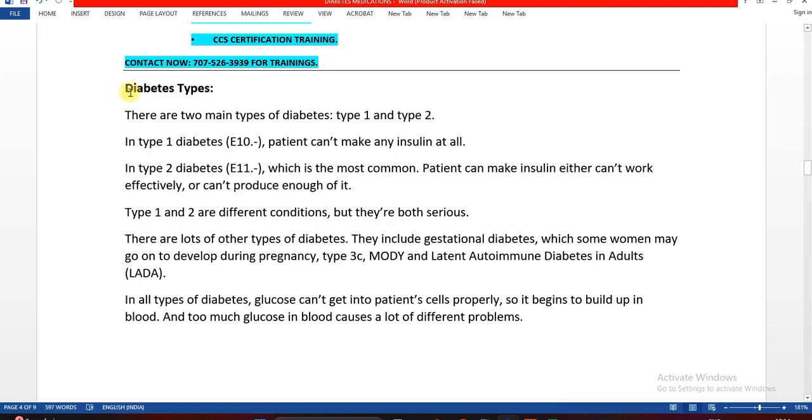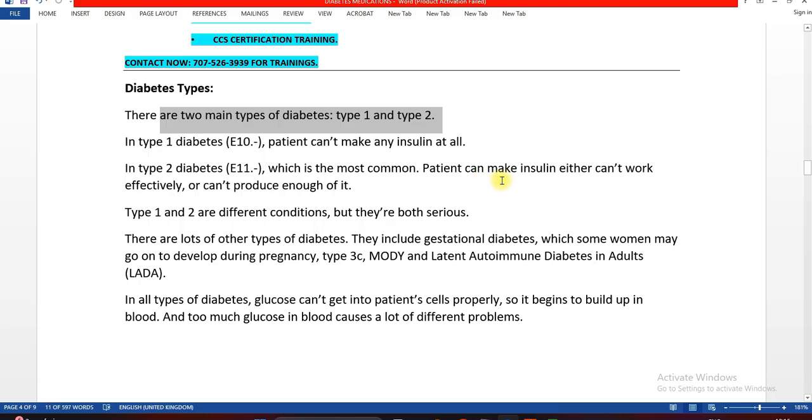Next we need to understand types of diabetes. Mainly we have two types of diabetes, type 1 and type 2. In type 1 diabetes, the patient can't make any insulin at all. In coding, usually we use E10 for type 1 diabetes. Type 2 diabetes is the most common type, and the default diabetes is E11, type 2 diabetes.